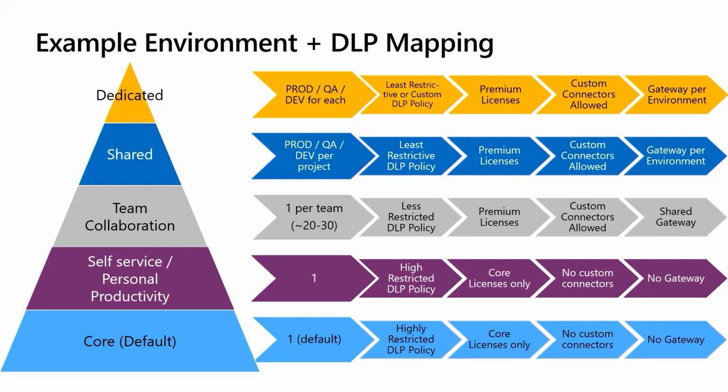This helps enforce a high level of security. As you have more and more dedicated environments, you can have riskier or less secure DLP policies to provide those extra functionalities and that extra granular control for these business critical applications.